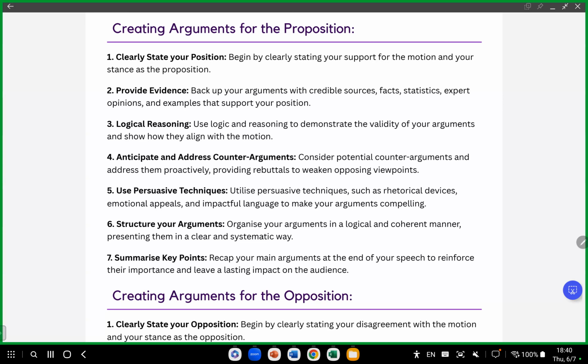You need to anticipate and address counter arguments. During the early research phase, before the debate even happens, we need to make sure that we consider points of view from both sides. The reason for that is because part of a debate is giving rebuttals.